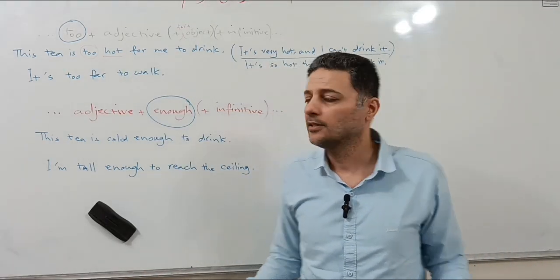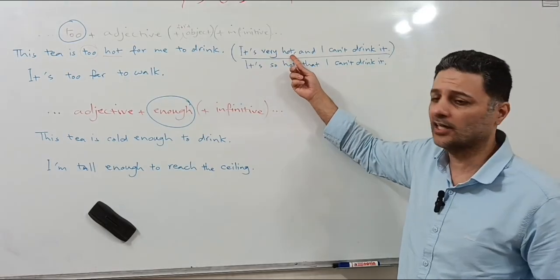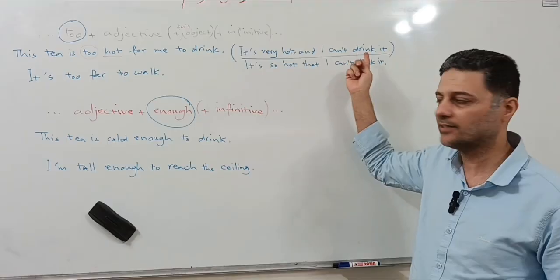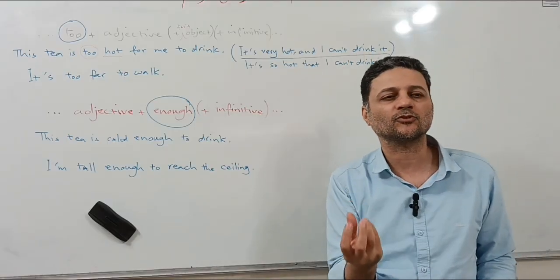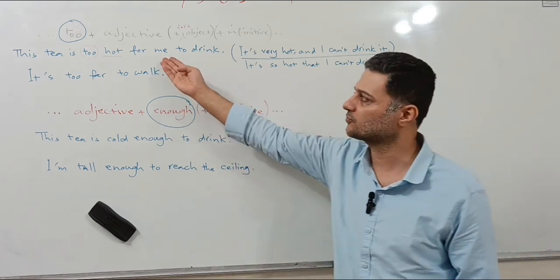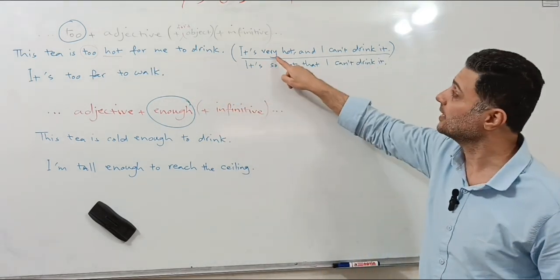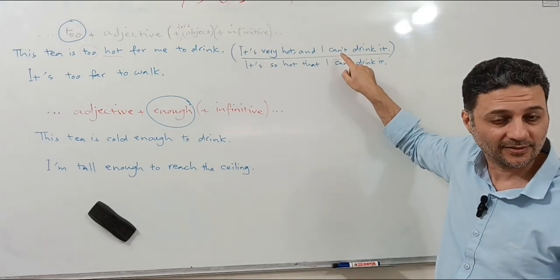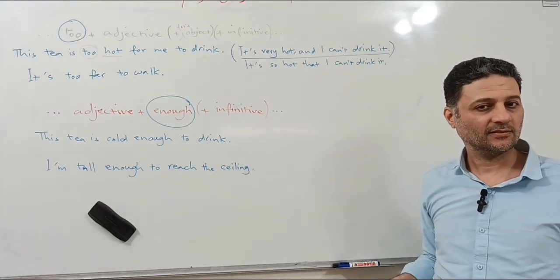What does it mean? It means it's very hot and I can't drink it. That's the true, basic, deep meaning of this structure. Here I put not, so everybody understands I'm negative about it.